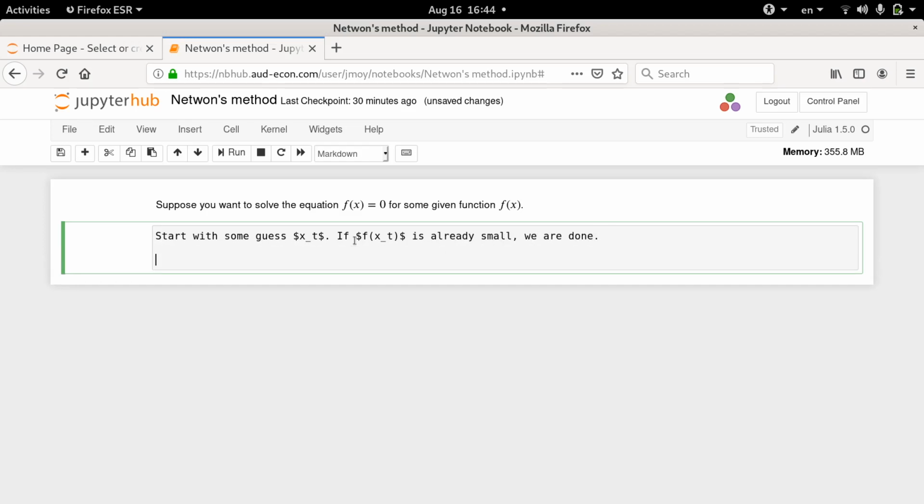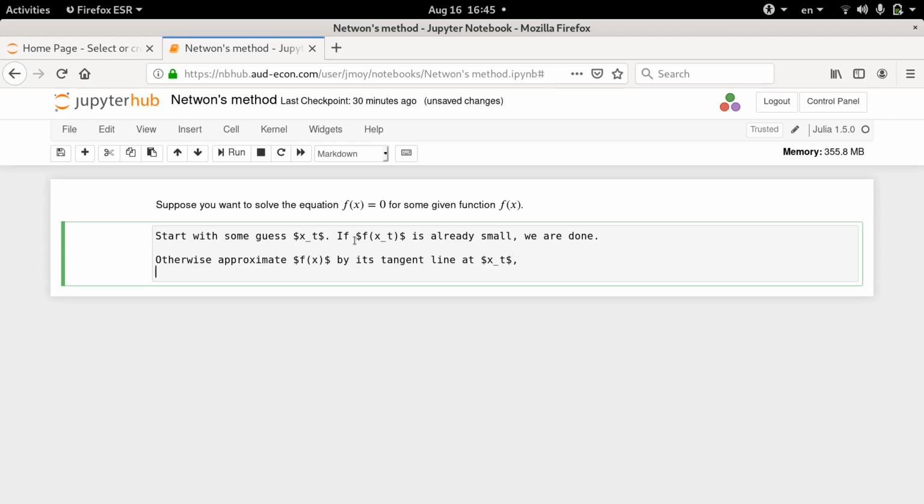Otherwise, what Newton's method does is that it approximates f(x) by its tangent line at x_t. So otherwise, if you remember the formula for the tangent line from calculus, it will be equal to, so double dollar gives you a displayed equation, y is equal to f(x_t) plus f dash x_t times (x minus x_t).